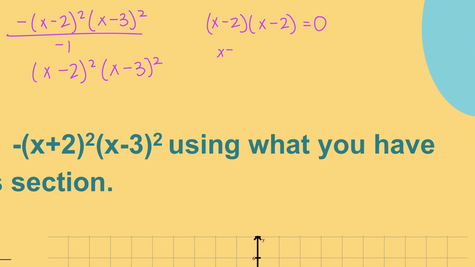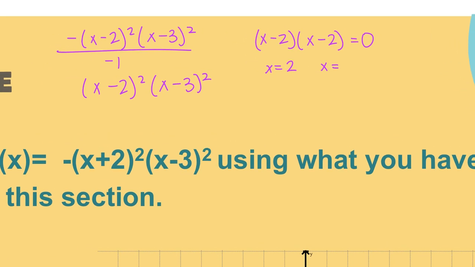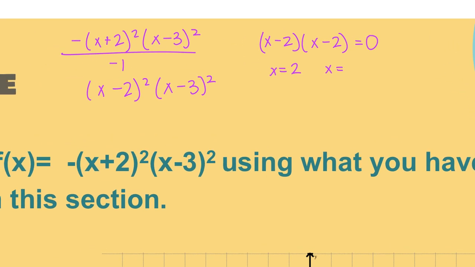I'm going to get x equals, oh, you know what? I got my signs wrong. This should be x plus 2, and then this is going to be -2. My mistake.